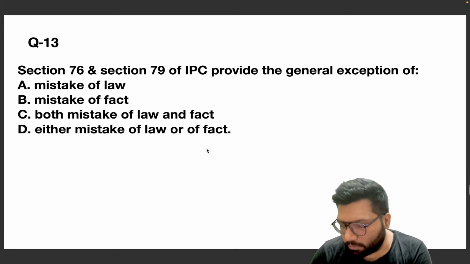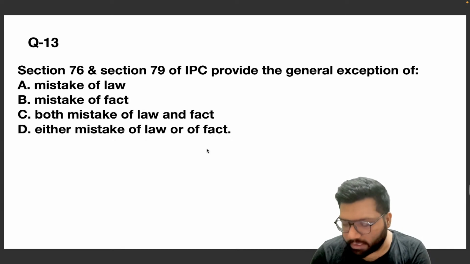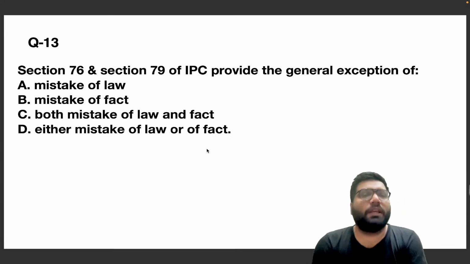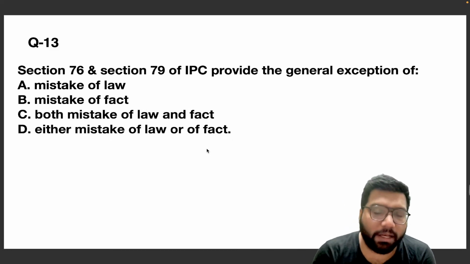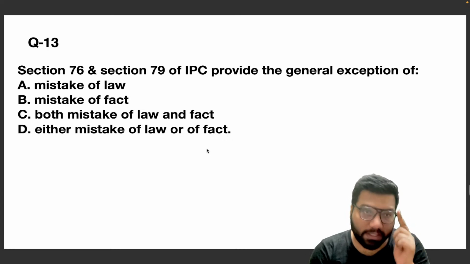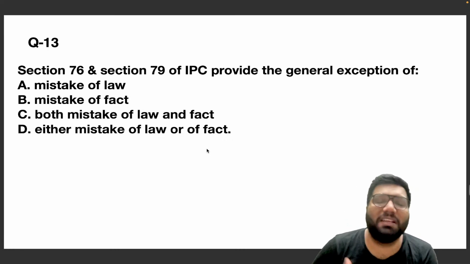Starting from Ladley, everyone has answered B, B, B, B, B, and that is the correct answer. Yes, mistake of fact. There cannot be any excuse for mistake of law, but as far as fact is concerned, mistake of fact can be excused. So B is the correct answer.